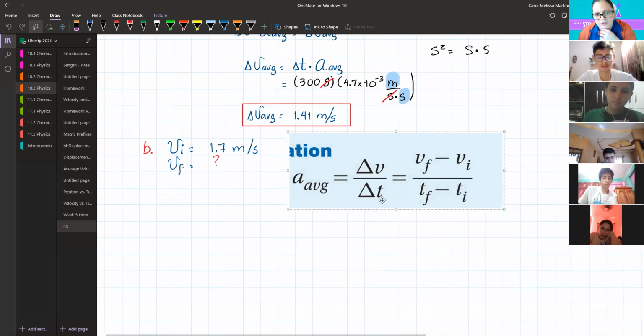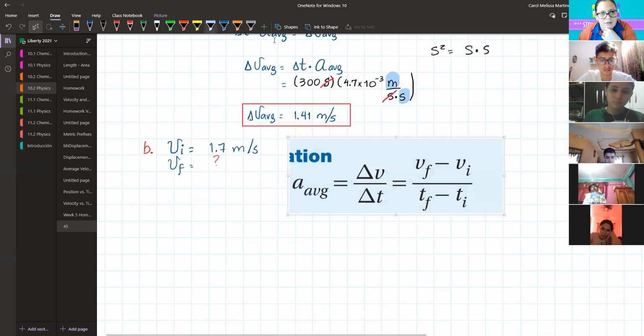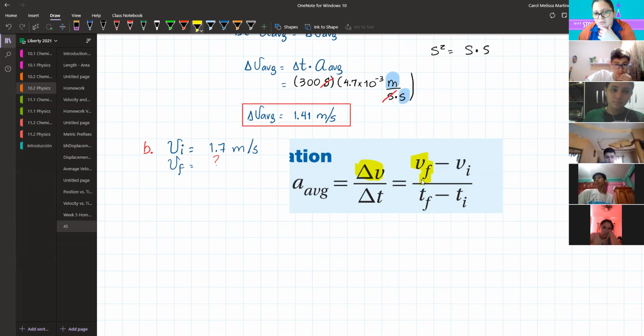This is the definition of average acceleration. It says this is delta V divided by delta T. Now, the definition for delta V is the final condition of velocity minus the initial condition of velocity.